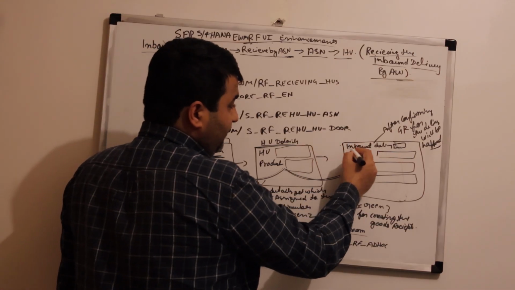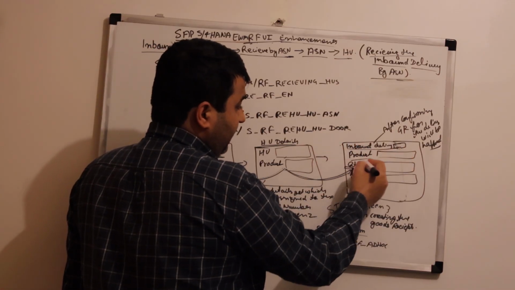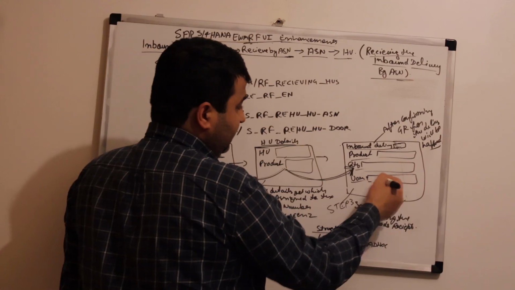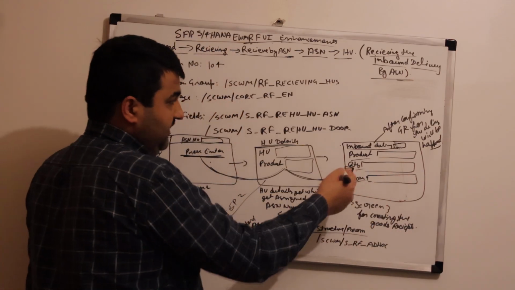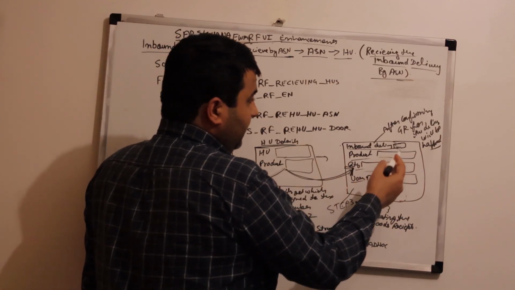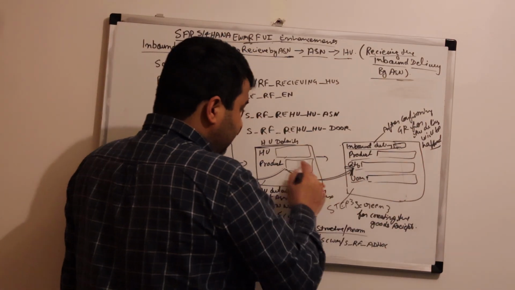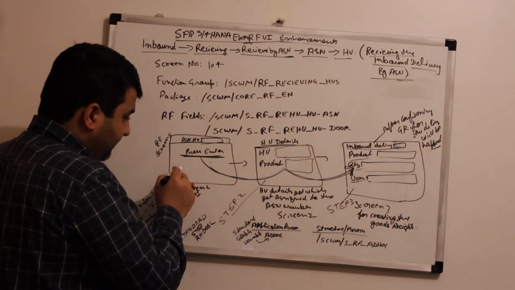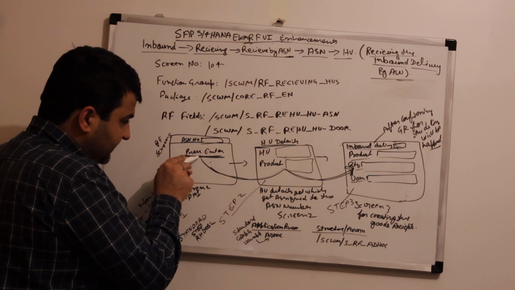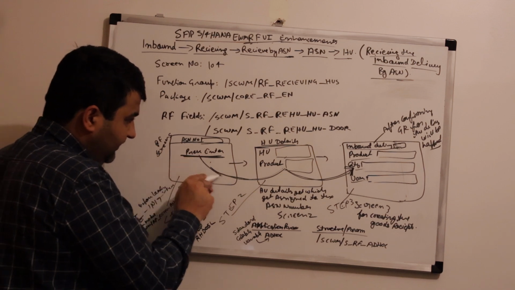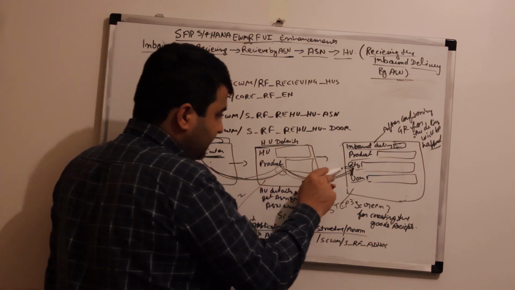In the third screen we put the inbound delivery, product, quantity, unit of measure, like EHS, depending. So how does this happen? These are the steps we consider: this is step 1, step 2, and step 3.